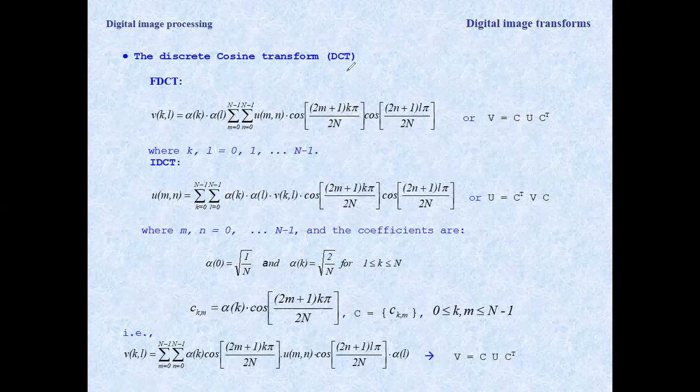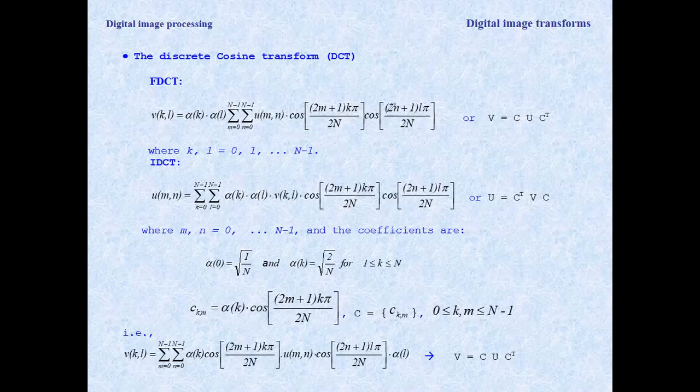The cosine transform uses, instead of exponential functions, cosine basis functions to transform from the time domain or space domain to the frequency domain. This cosine brings in x frequencies, this brings in y frequencies.